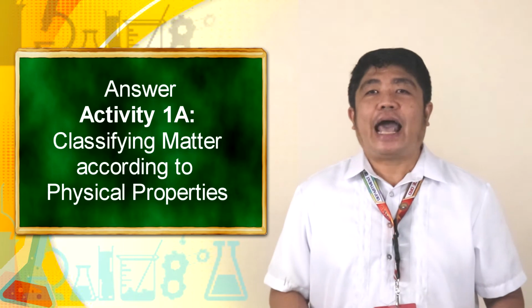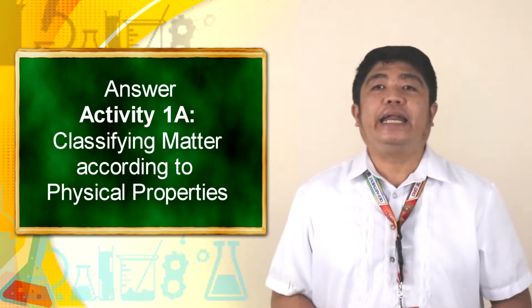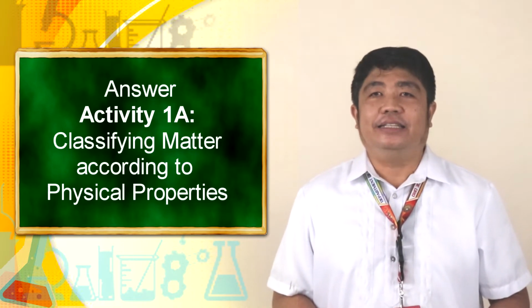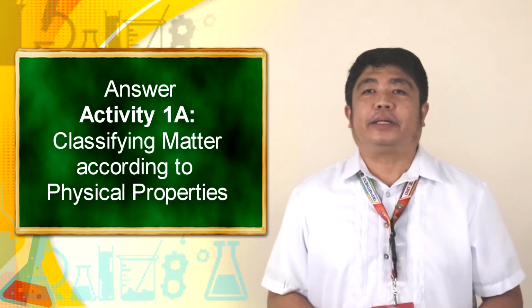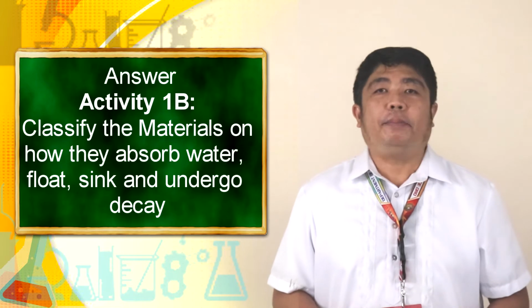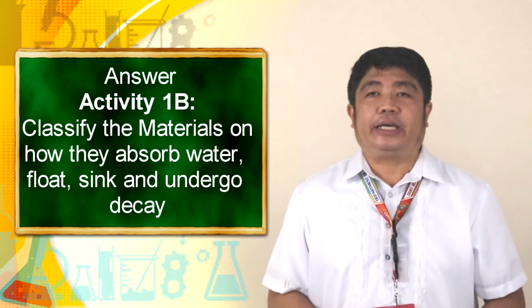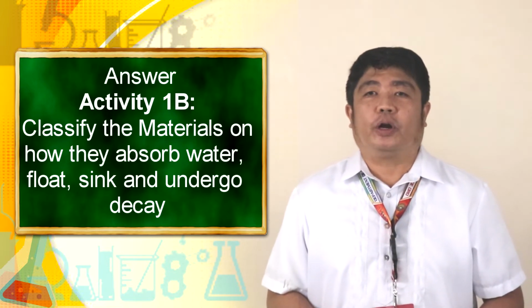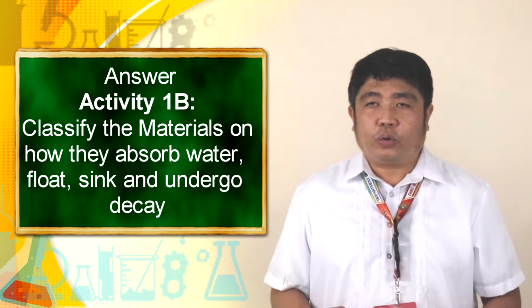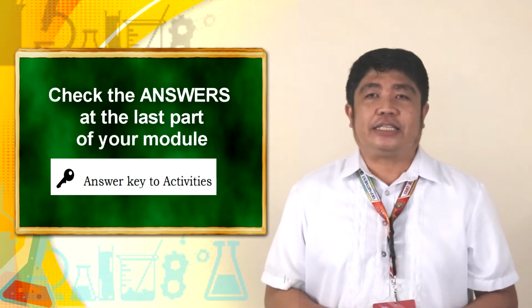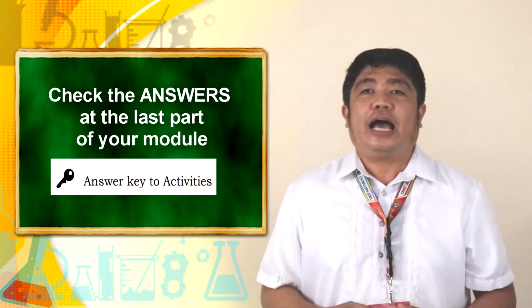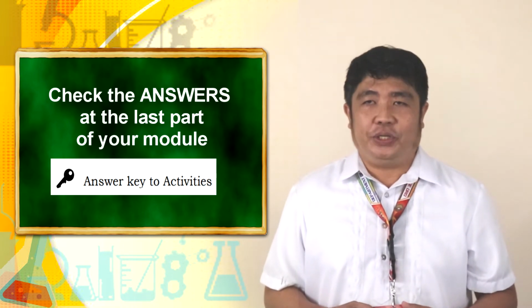You may now start answering Activity 1A, which is entitled Classifying Matter According to the Physical Properties, and Activity 1B, Classify the materials on how they absorb water, float, sink, and undergo decay. Again, after honestly answering this, you may check the answers at the last part of this module.